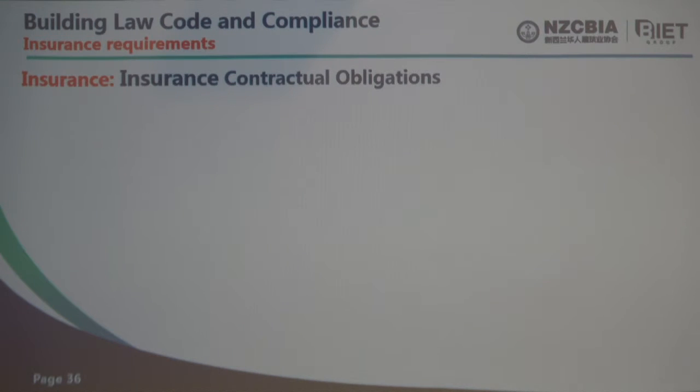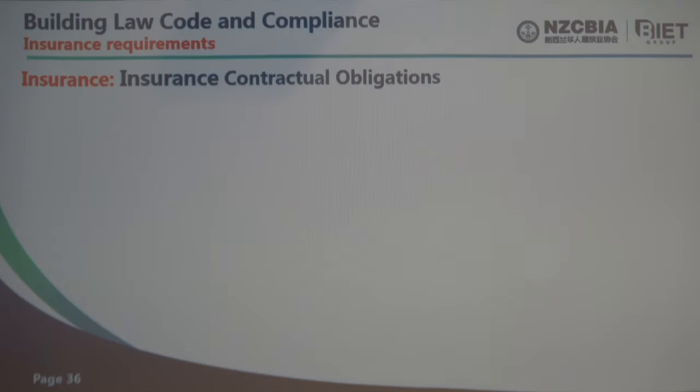So, insurance, there are some contractual obligations generally within your contract under the general or special conditions of contract. This is seen by the parties as a known risk. How can I get the project finished?